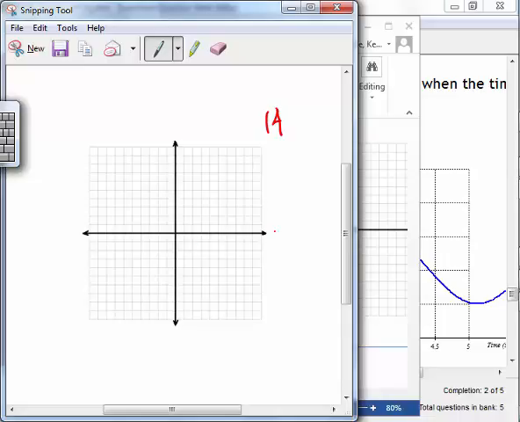I'm going to make each 2 boxes worth 1 number in each direction. So I'm going to go forward 4 boxes, so that's equivalent to 2, and then go down 1, go forward 3, and down 1.5.